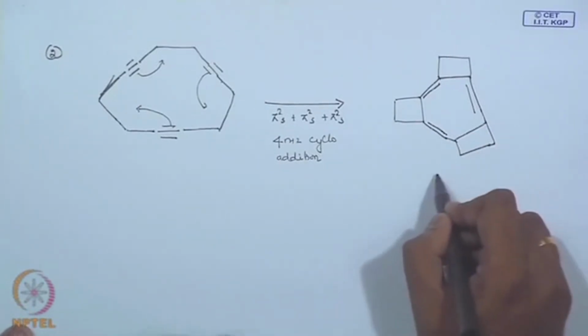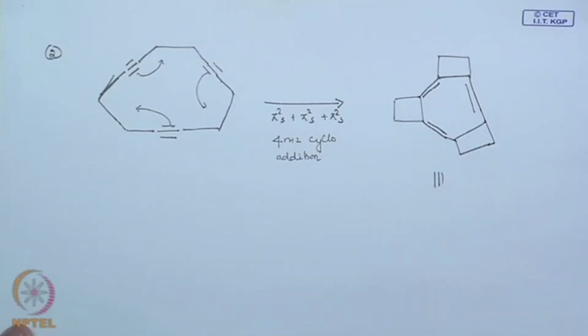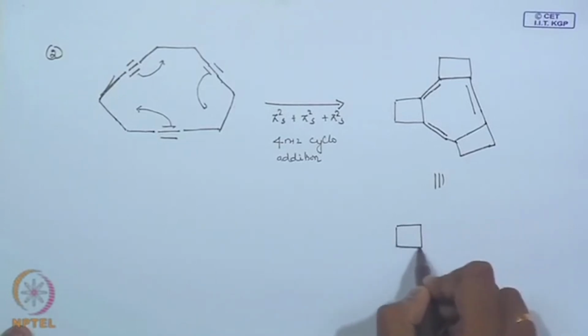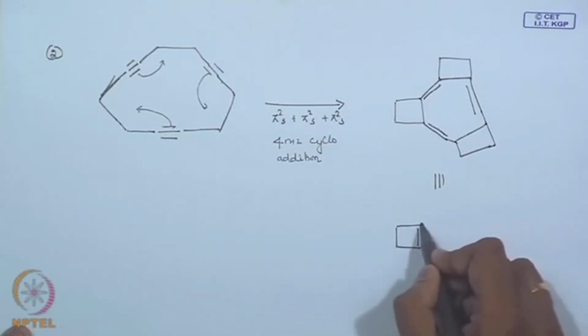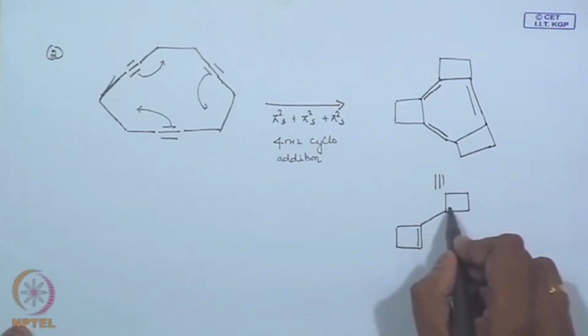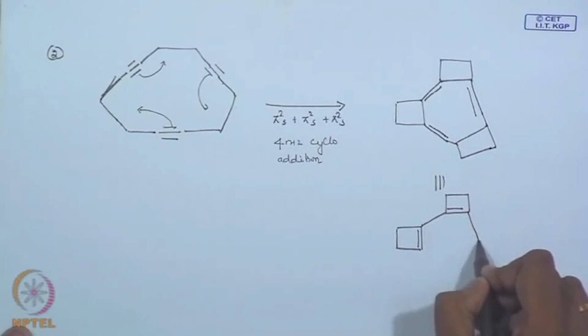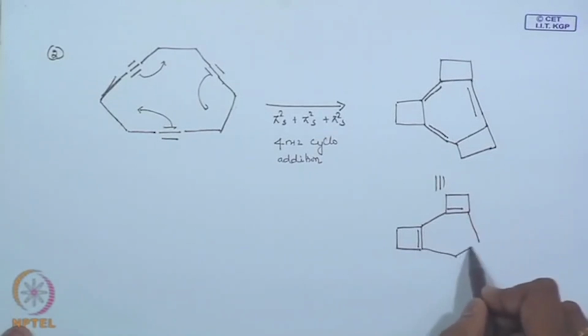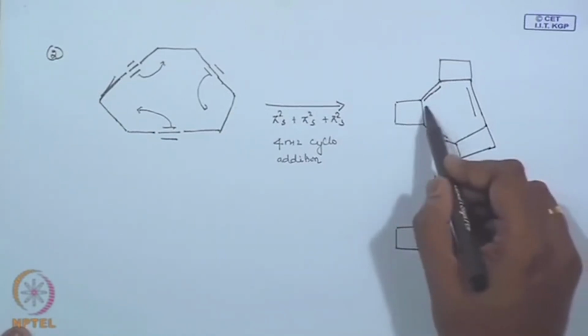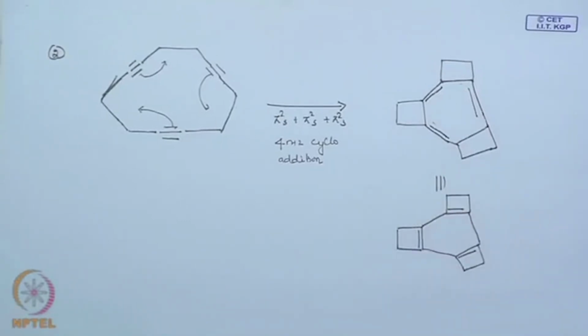This is similar to B, if I write it properly. We are just making a double bond here, just moving the double bond. So this can exist like this. Any doubt in the first step?